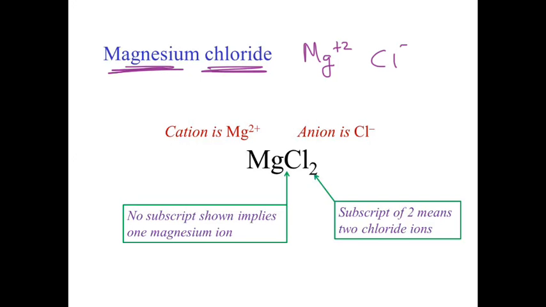Now, the crisscross method goes like this. Basically, I rewrite the magnesium, and the number of magnesiums I need is the magnitude of the charge on the anion. So the number of cations I need is 1. Okay, crisscross. The number of chlorines I need is 2. Crisscross.